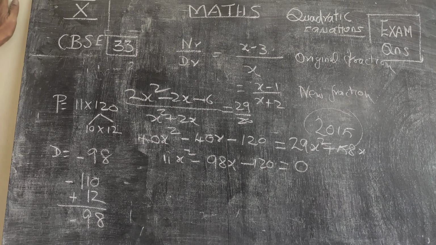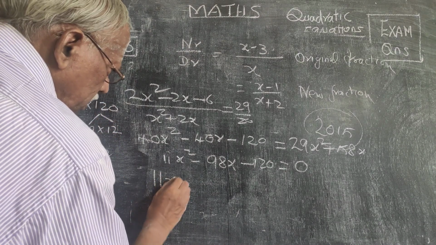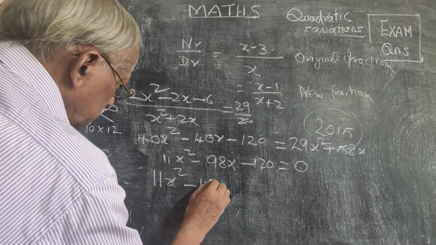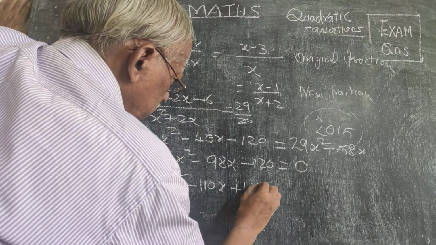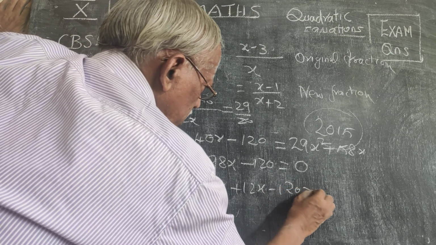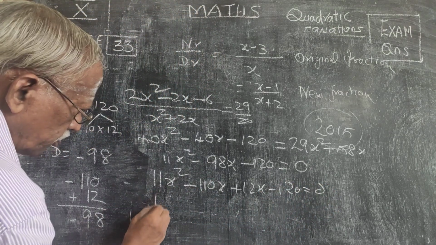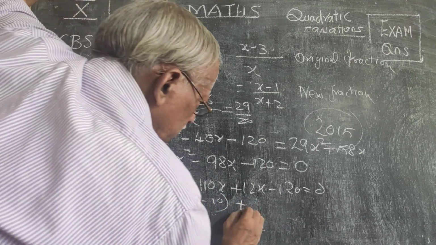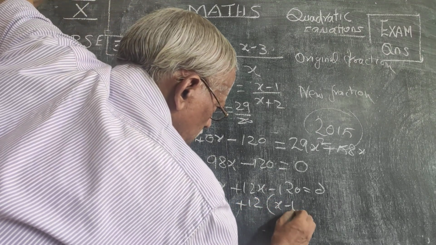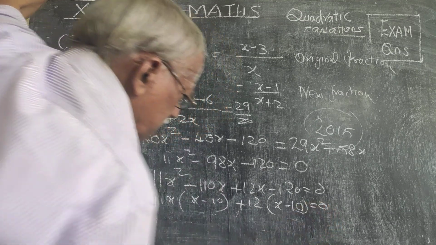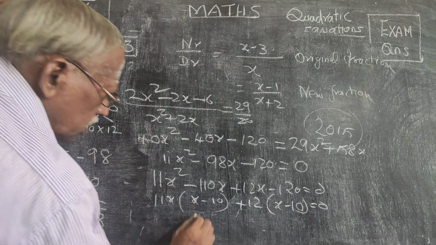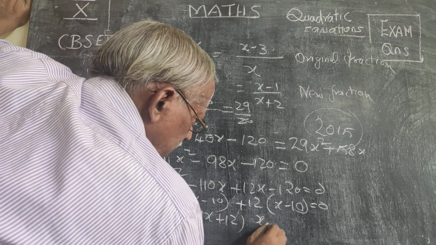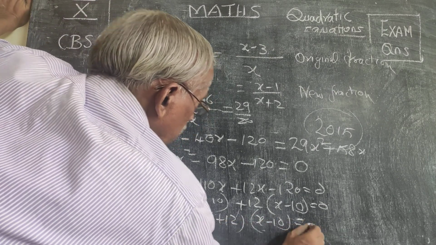So we got it. Now you split this minus 98x as minus 110x plus 12x, minus 120 equal to 0. From here I take 11x common, therefore x minus 10. With this 12 I am taking common, so it becomes x minus 10 again. So 11x plus 12 and x minus 10 equal to 0.